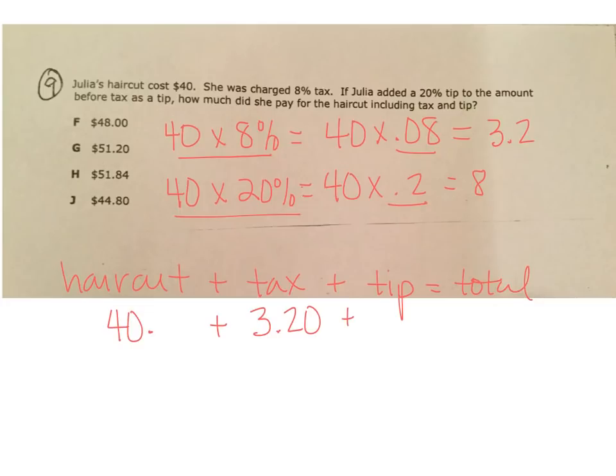She gave 20% tip, which was $8. Okay, and when you add 40 plus 3.20 plus 8, you get $51.20. So your answer is G.